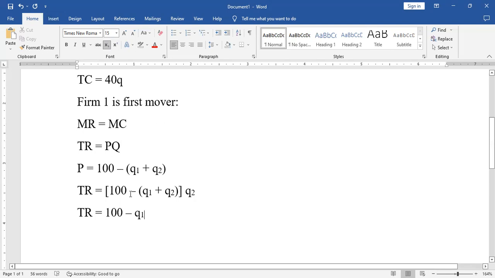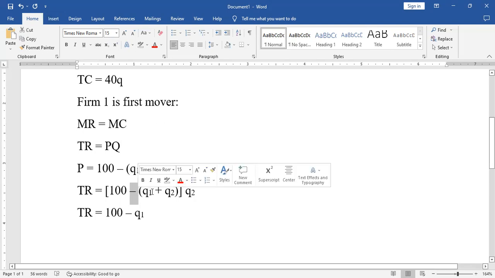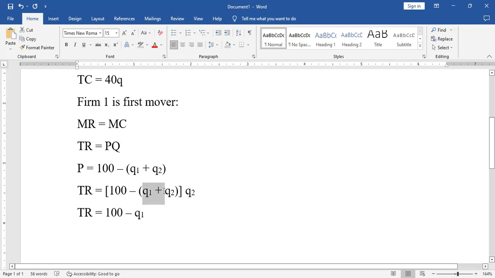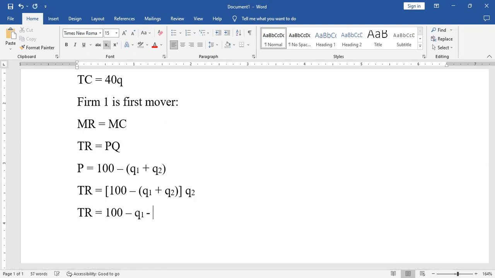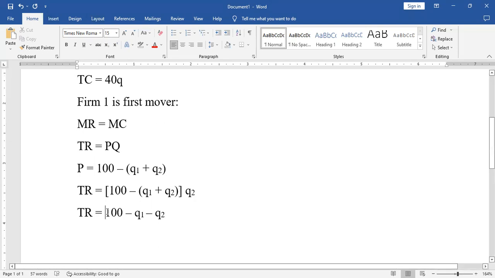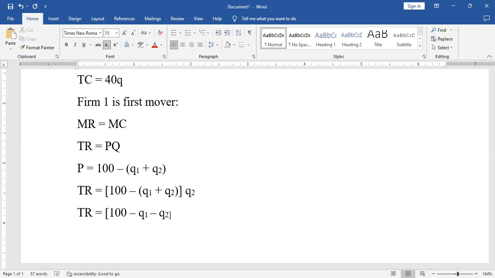Then this negative here will have an impact on that positive there, so it will be minus Q2, and I'll still have the brackets this side because I've just expanded that one.